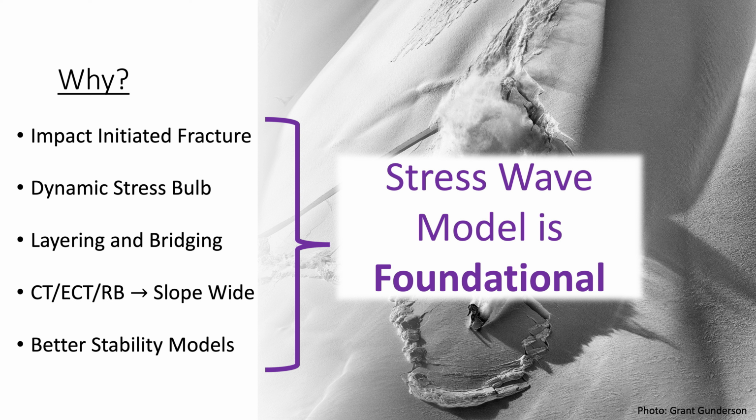With a good stress wave model, you could also better understand the effect of isolating your compression test or extended column test or Rutschblock, some impact type of stability test, the effect of isolating those sides.